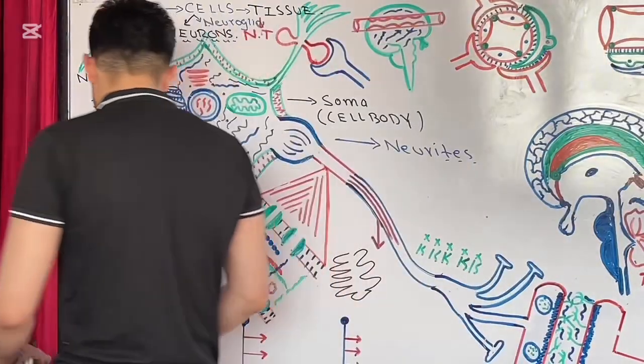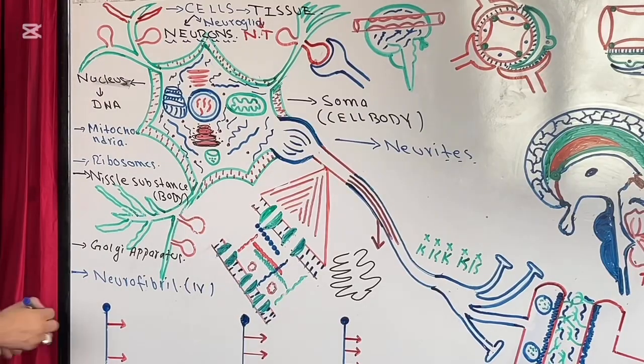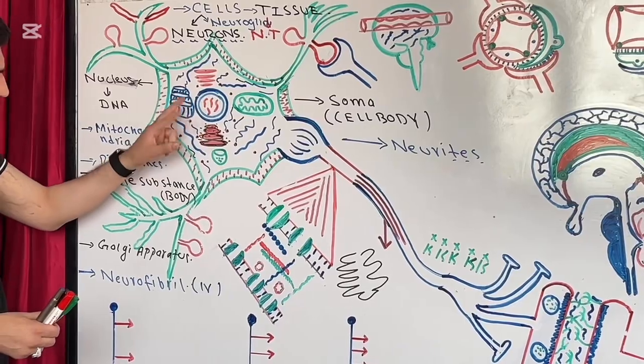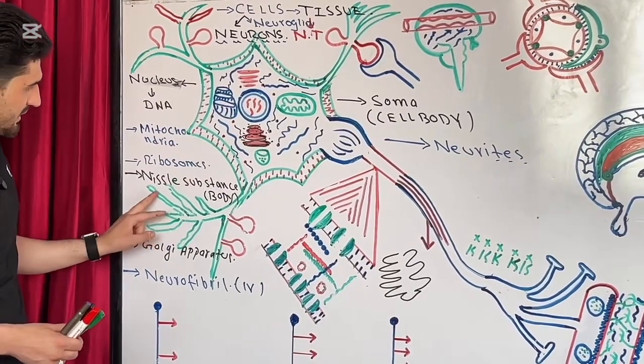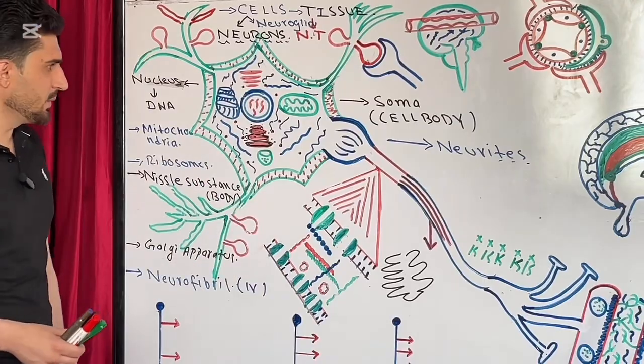Actually it's a type 4 intermediate filament anyway. So this was about the soma. There were two new things: one was Nissl body or Nissl substance, and another was neurofibril.